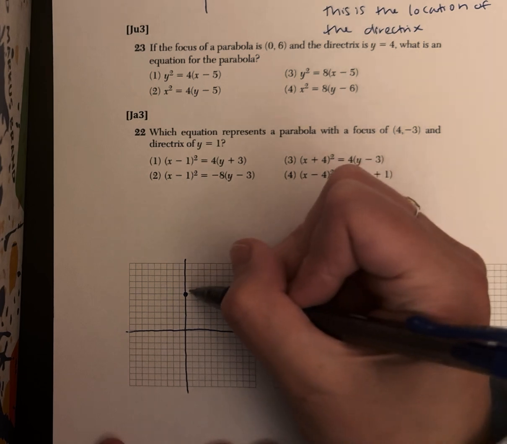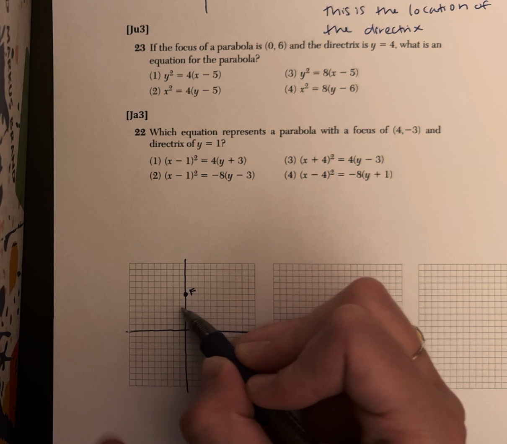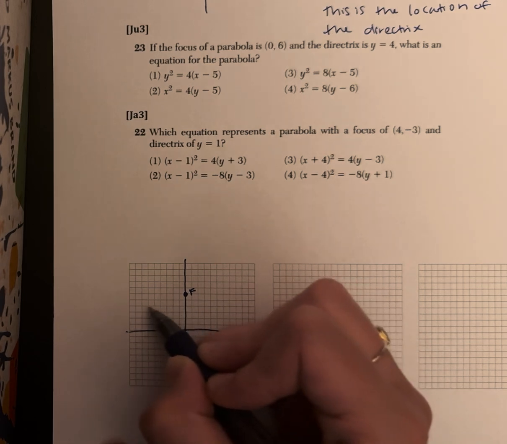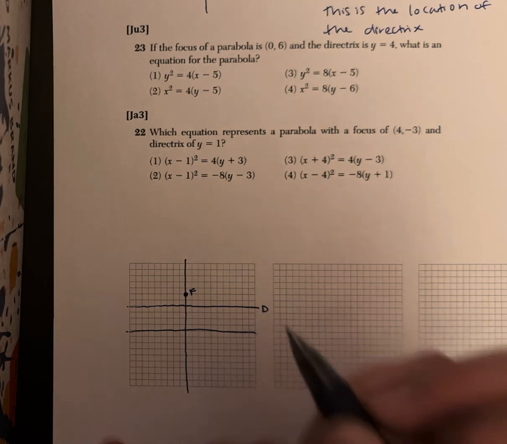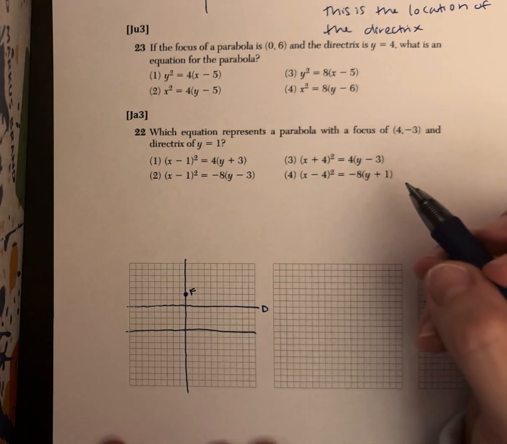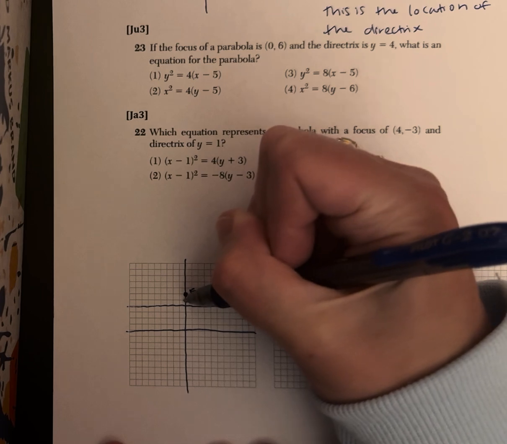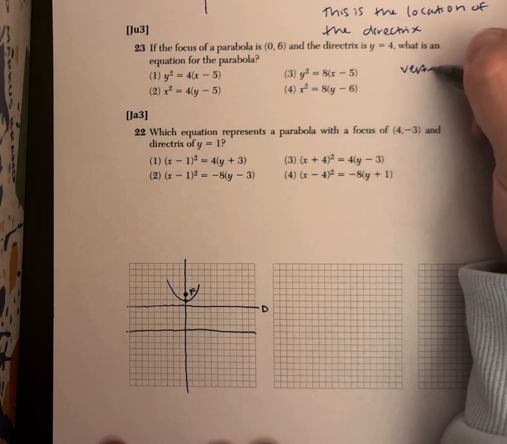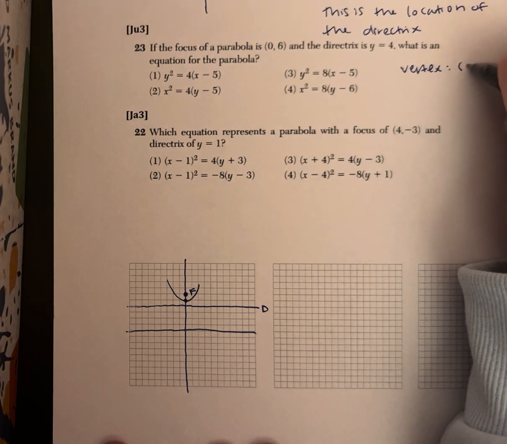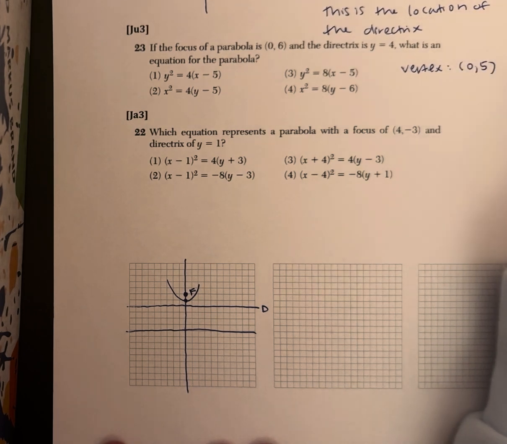That's the focus. And the directrix is 4, 1, 2, 3, 4. Okay, so I know that this opens up. I know that the vertex is right here, at 0, 5.